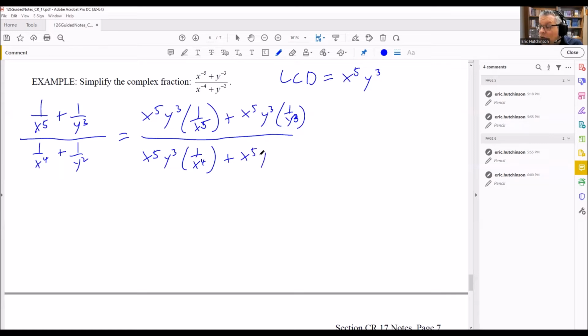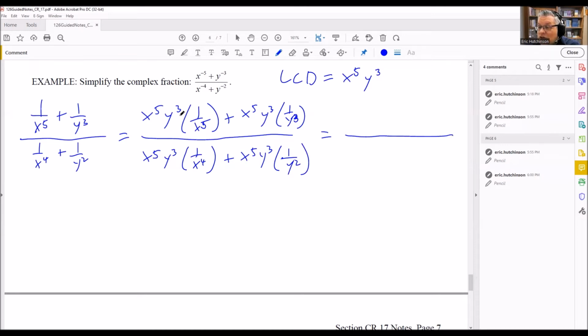Then x to the fifth, y cubed, 1 over y squared. So again, every single thing, top and bottom, we multiplied by x to the fifth, y to the third. From here, we're going to reduce.